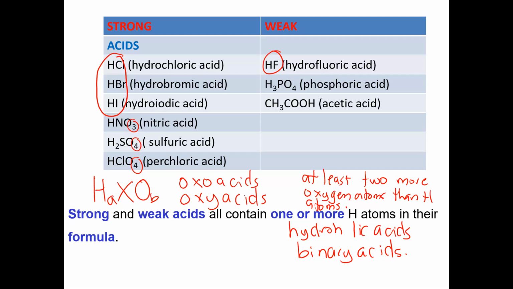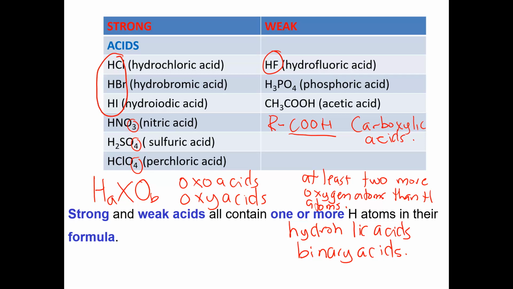And then there's a class of acids which are called carboxylic acids. And they all have an ending COOH in their formulas, so you can recognize them. Carboxylic acids. We're going to learn about those in organic chemistry. Perhaps the most famous of these is acetic acid, which is the acidic component in vinegar.